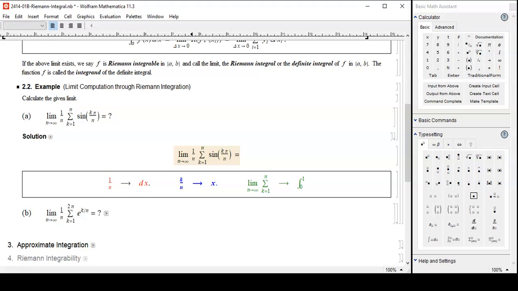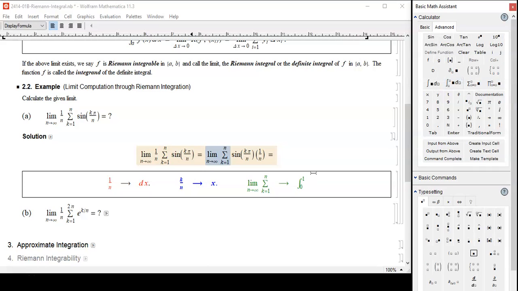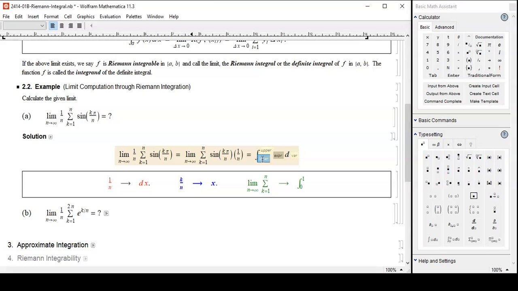So let's just move 1 over n here. All right. This is an integral, right? So that's going to be the integral, from 0 to 1.